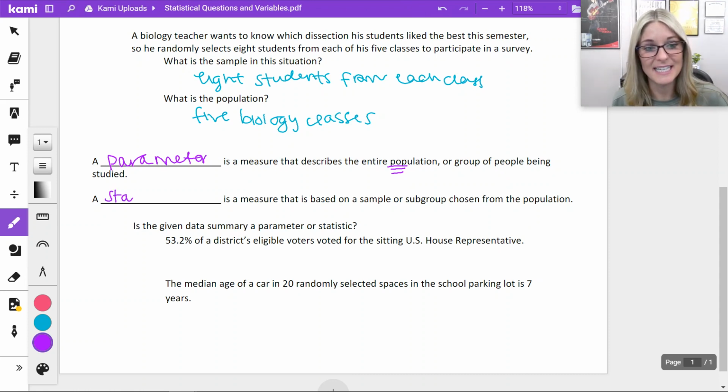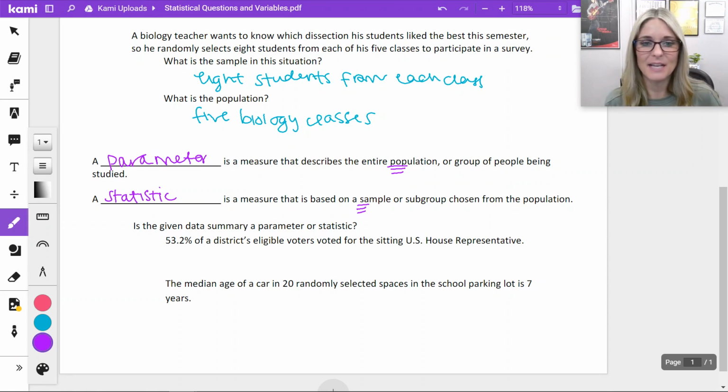A statistic. A statistic is a measure that is based on a sample or subgroup chosen from the population. So again, underlining the S of sample to relate back to statistic. So those vocabulary terms go together. A parameter is for the entire population. A statistic is measured just from a sample.